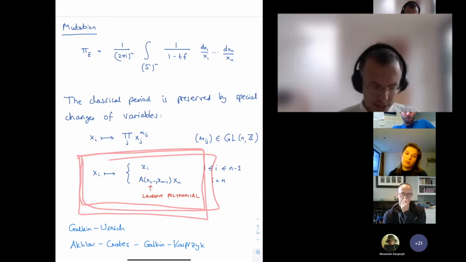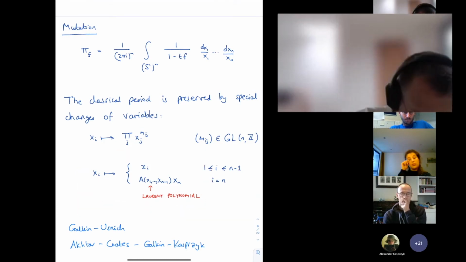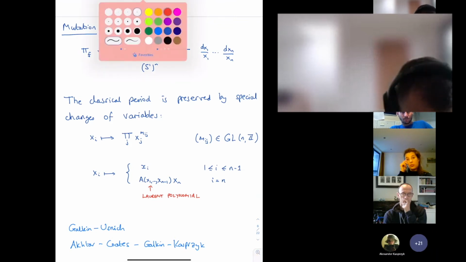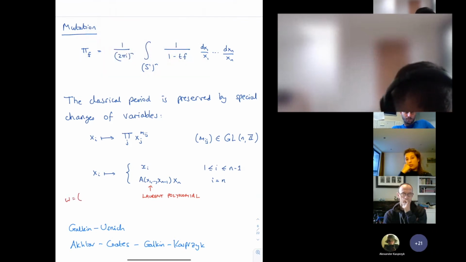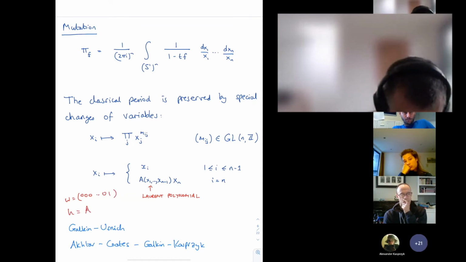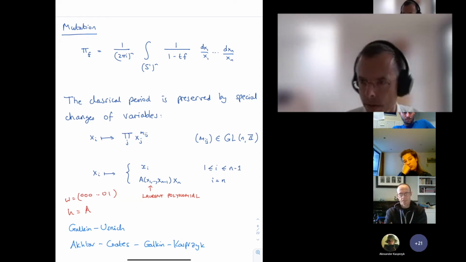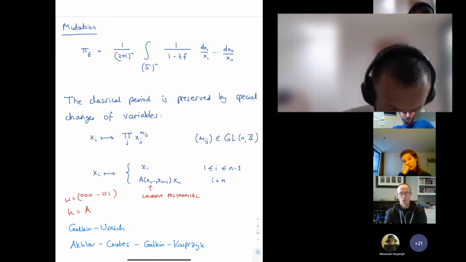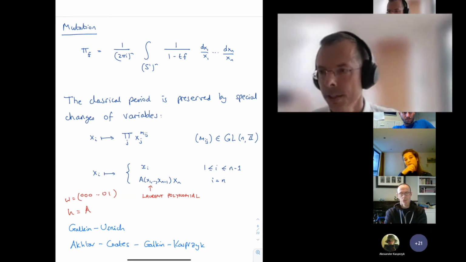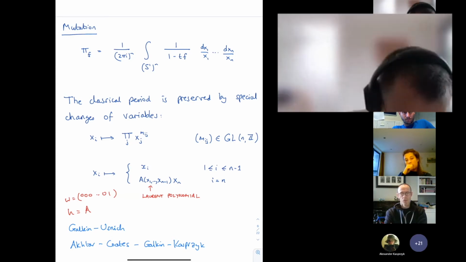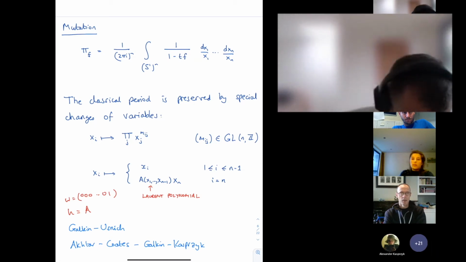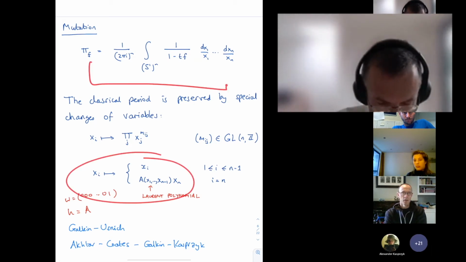So here W, my weight vector, is 0, 0, 0, 0, 1, and my factor is this Laurent polynomial. So this is just another way of writing cluster transformations in coordinates. But I guess if you're me, writing it like this helps when you're trying to work out that this is invariant.